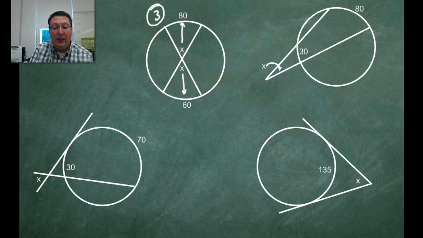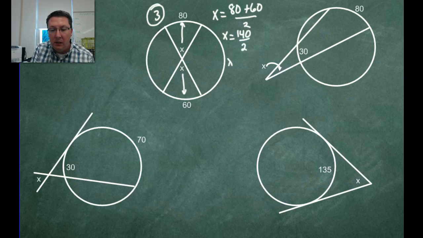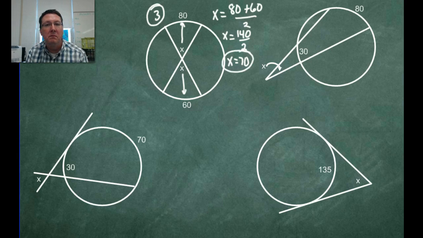So when they intersect inside the circle, I add those two arcs together and divide by 2. So x is going to equal 80 plus 60 divided by 2. 80 plus 60 is 140. Divided by 2, that angle x has to be 70 degrees. Not too bad, pretty simple.